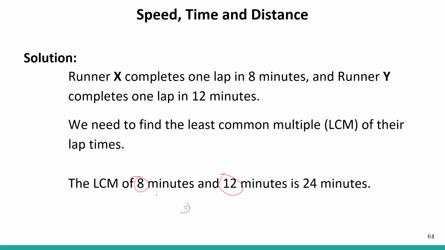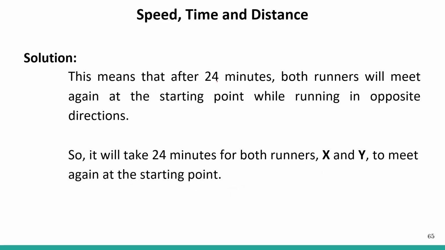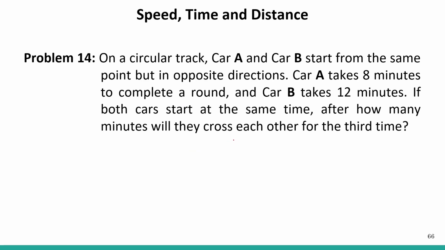So it will be 24 actually, because 8 into 3 is equal to 24 and 12 into 2 is equal to 24. So it is 24 minutes. After 24 minutes both the runners will meet again at the starting point while running in opposite directions.